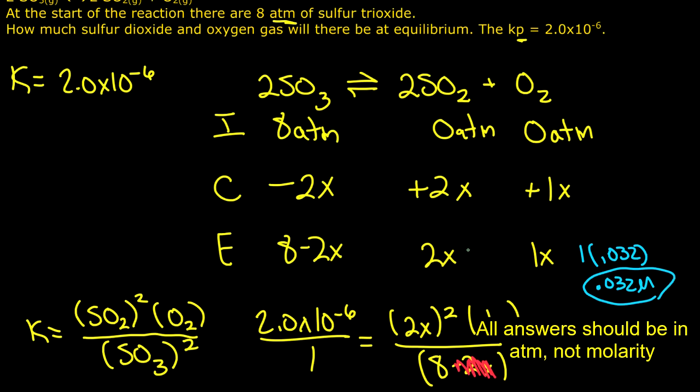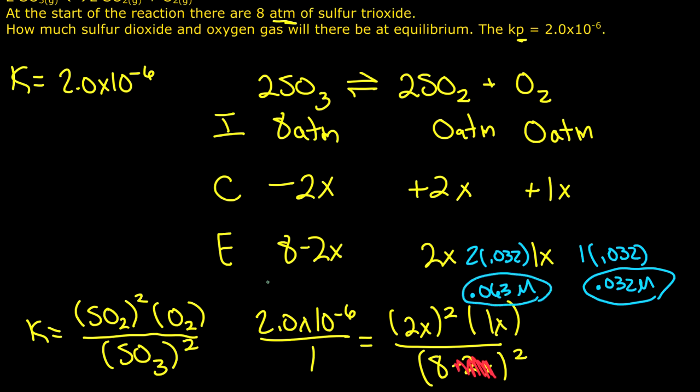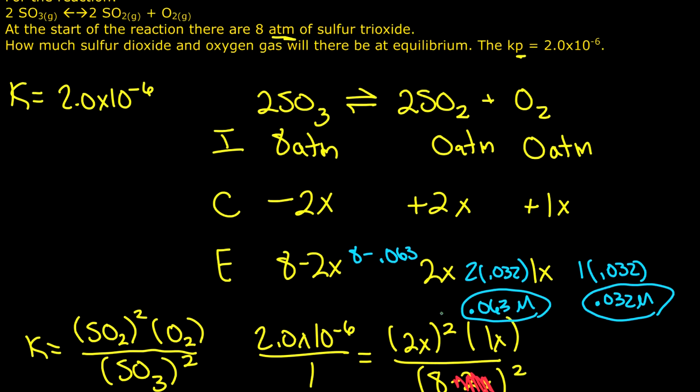The next one, 2 times 0.032 gives me 0.063 molar. Now we didn't have to find SO3, but let's just do it anyway. So 8 minus 2x, and well, we know 2x is 0.063. So 8 minus 0.063 gives me 7.94 molar. And there's that answer.